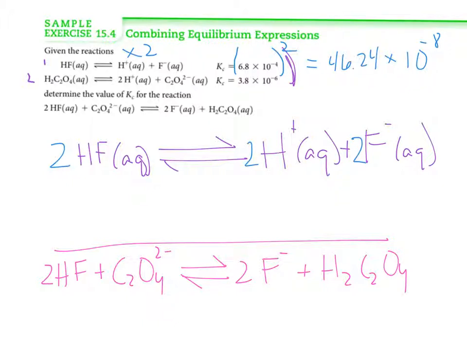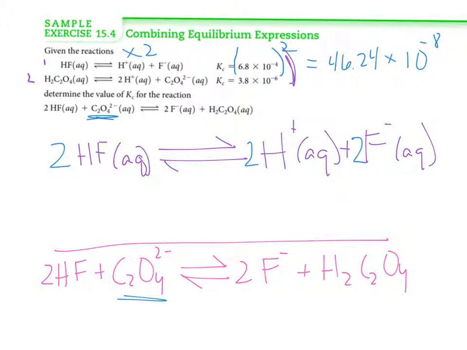Okay, now I have over here C2O4 to the minus 2. This is the oxalate ion, and in this reaction it is in the products. Here it's a reactant, so I need to flip this reaction. I'm going to do that in a different color.